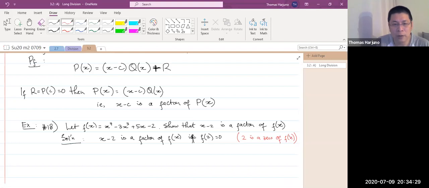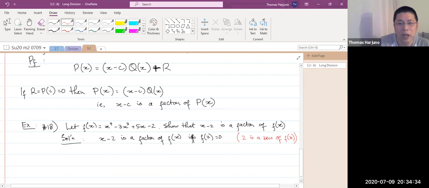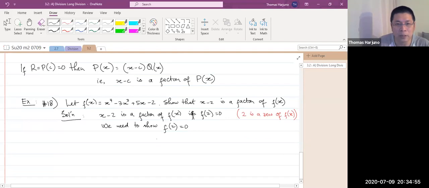So x minus 2 is a factor of f(x) if 2 is a 0 of f(x). What I need to do is show f(2) equals 0. Now, how do we show that? You can plug that in, but I believe synthetic division is faster. So 1, -3, 0, 5, -2 divided by x minus 2.